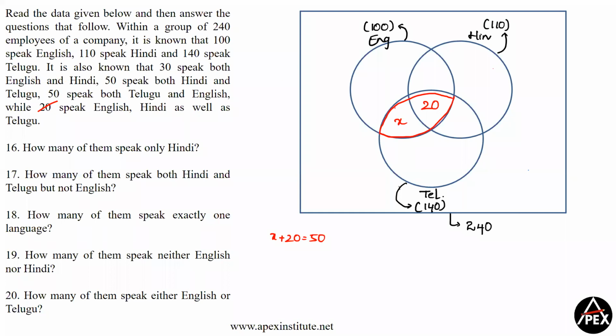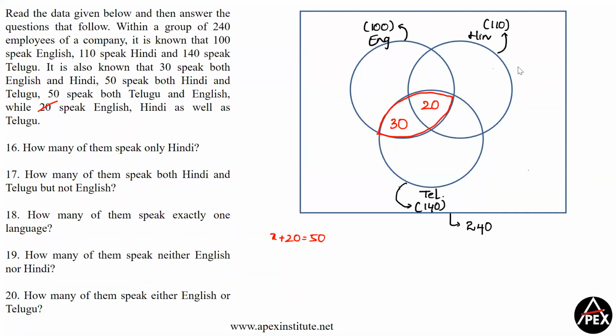So x plus 20 is equal to 50, or I can say the value of x is 30. So you have 30 people speaking only English and Telugu, and you have 20 people speaking all the three languages. So what is the total number of people speaking English and Telugu? 50, isn't it? 30 plus 20. Clear? Quick responses. Any doubts? Quick responses, please.